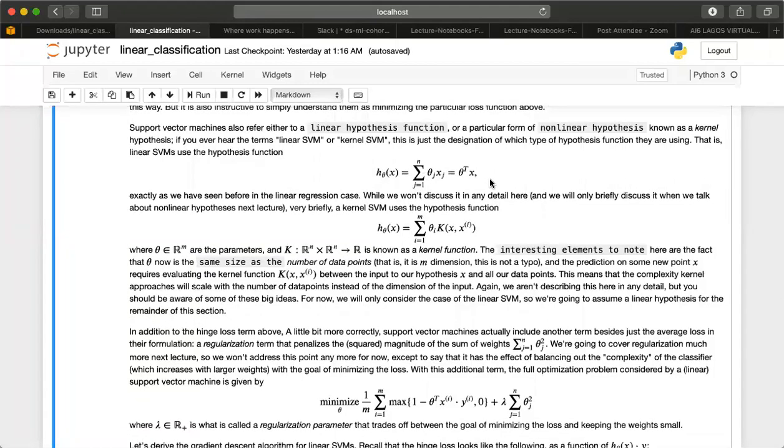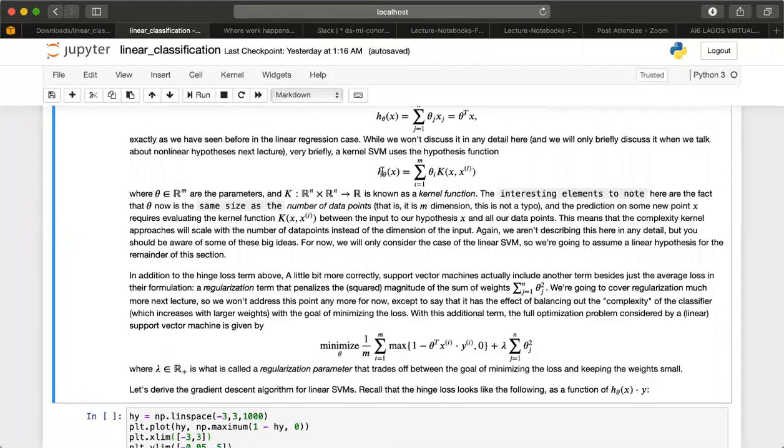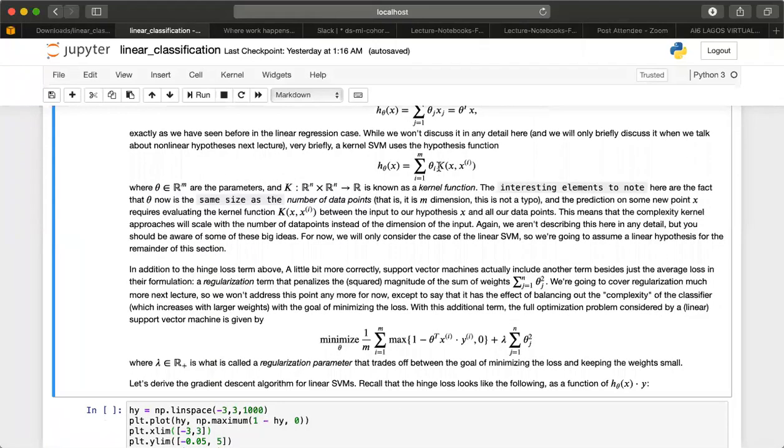So for the linear SVM, it's very similar to what we have in linear regression that we did last week, yeah? So you're having h equal to theta transpose times x. But for kernel SVMs, you are having theta times k of x and x prime, where k is the kernel.